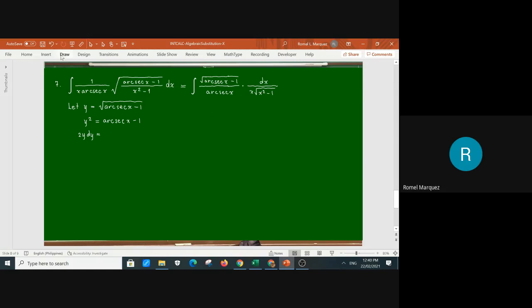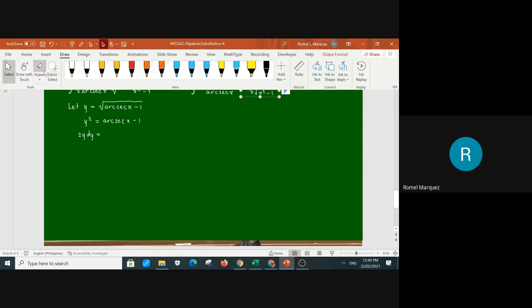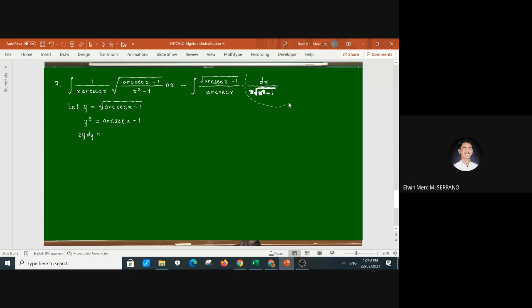Let's just copy that, and this part. Am I correct, guys? Yes po. So let's put it here, and that's the differential of arc secant. Derivative of negative 1 is 0, so the differential is 0 also, no? So we now have 2y dy equals dx over square root of x squared minus 1, and then multiply outside by x. Okay, that is square root.